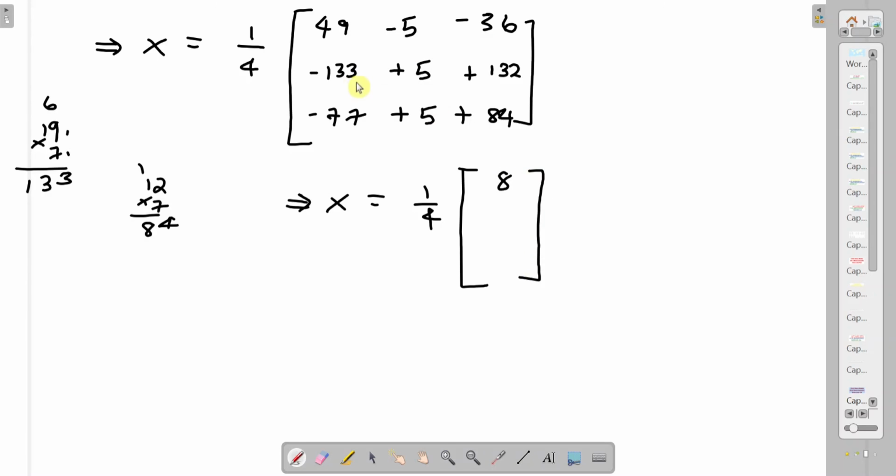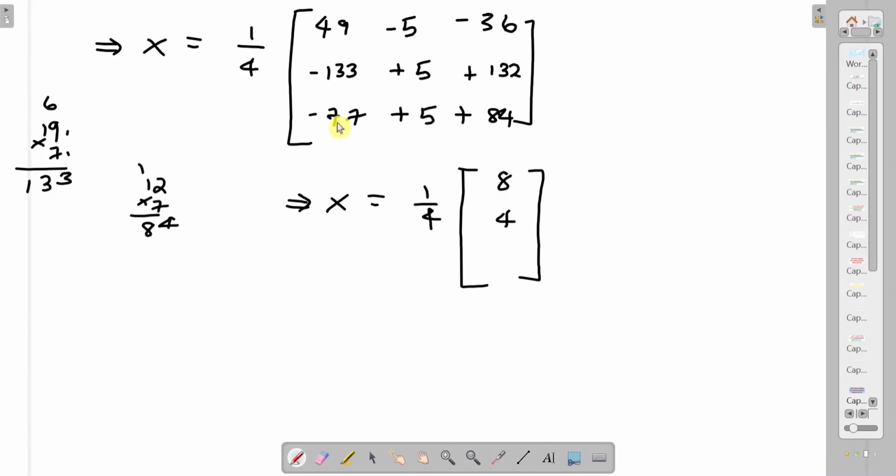Okay, so minus 133 plus 132 is minus 1. Minus 1 plus 5 is 4. Then minus 77 plus 5 is minus 72. Minus 72 plus 84 is 12.